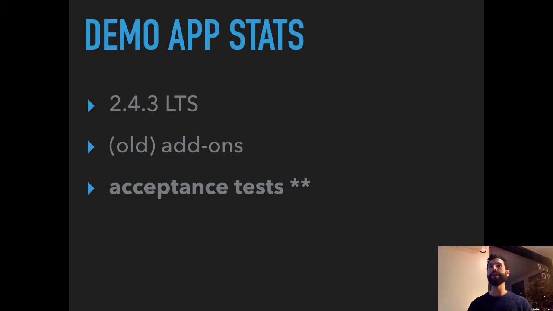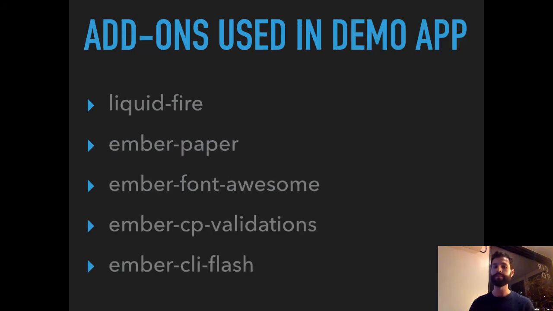So if you don't have any automated code hitting that code path, you won't necessarily know that you're using deprecated code. So having acceptance tests that execute at least your critical paths throughout your app is really important to making all the things I'm about to talk about work.